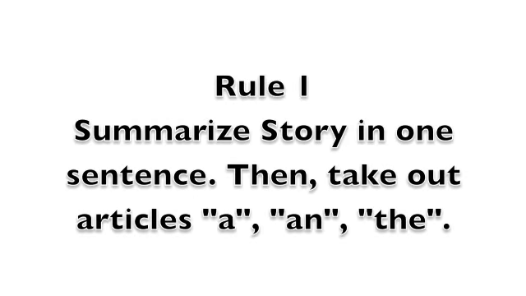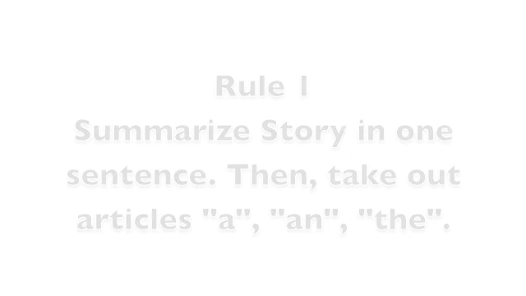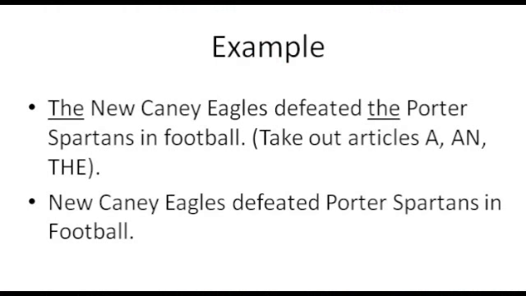But your first rule, you can write this down. You read the story that you've been given to write a headline for. You write a sentence summarizing the main points of the story, and then you take out the articles a, an, and the. So write it down. And here's your example. The New Caney Eagles defeated the Porter Spartans in football. This is you just summarizing it.